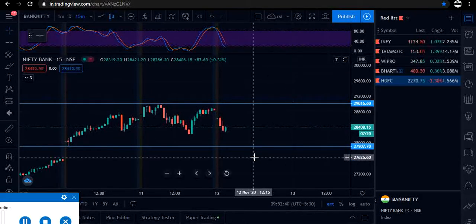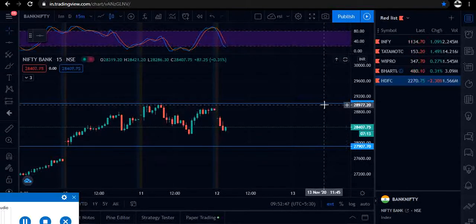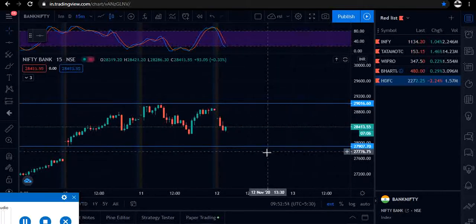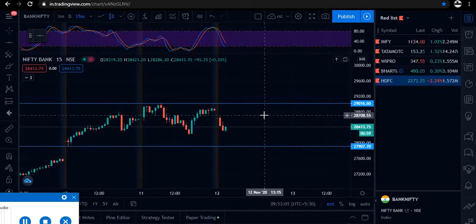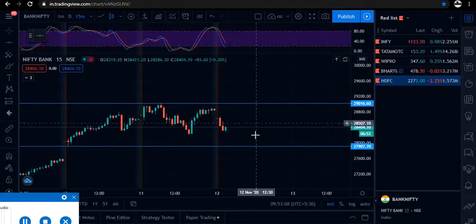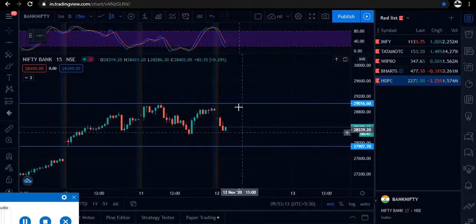What we will do is first sell the 29,000 call, and here we will sell the 27,900 put. Both of these are out of the money options, and there are chances that they will become zero. According to me, Bank Nifty will close today between this support and resistance. This is my view, traders.